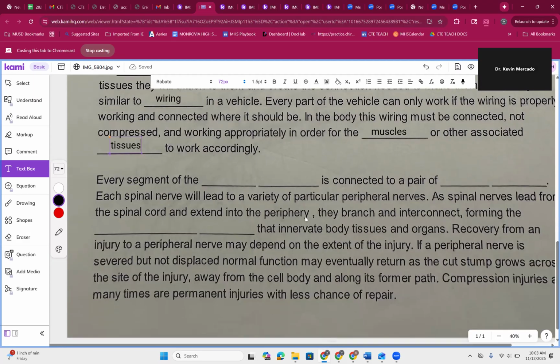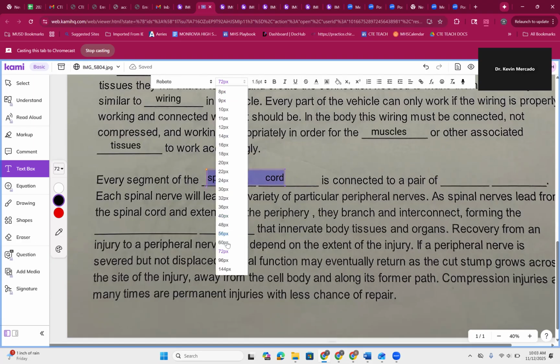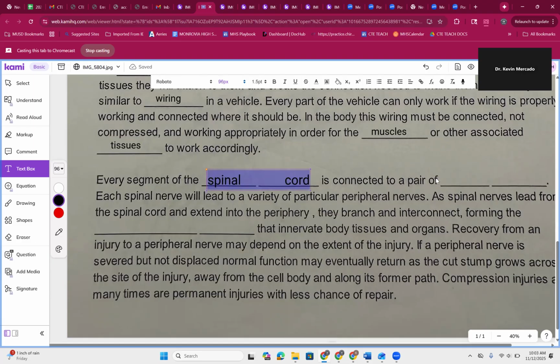Okay, so every segment of the spinal cord is connected to a pair of spinal nerves. Each spinal nerve will lead to a variety of particular peripheral nerves.